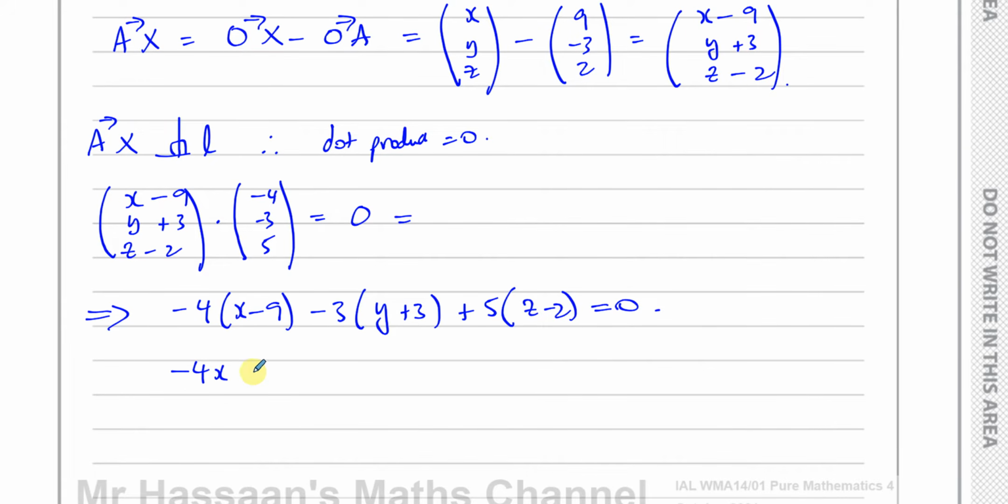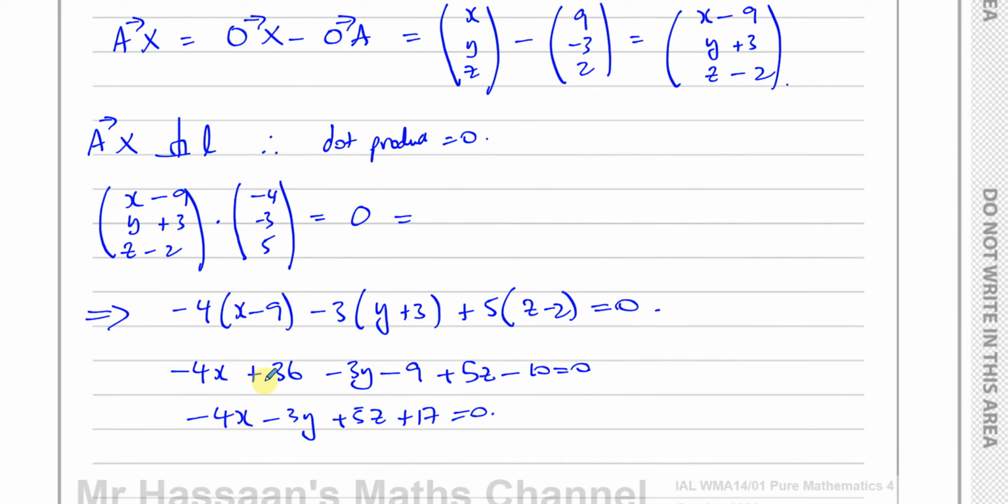You have negative 4x plus 36, negative 3y, minus 9, plus 5z, and minus 10 equals 0. So we have minus 4x minus 3y plus 5z, and you have 36 minus 10, which is 26, 26 minus 9, which is plus 17, equals 0. That's 36 minus 9. Just make sure that's 27 minus 10, 17.